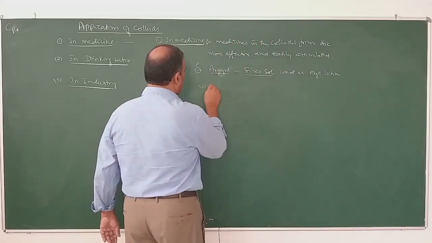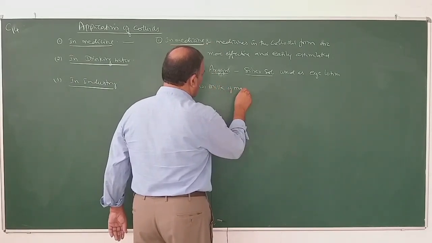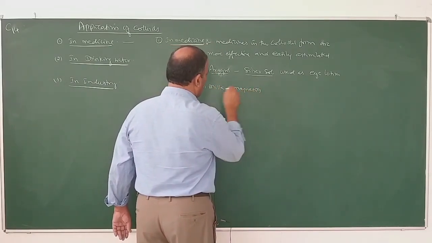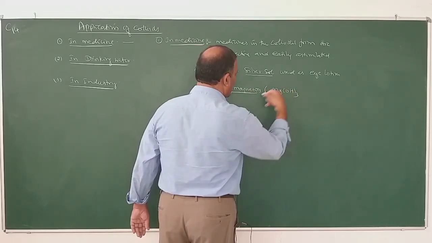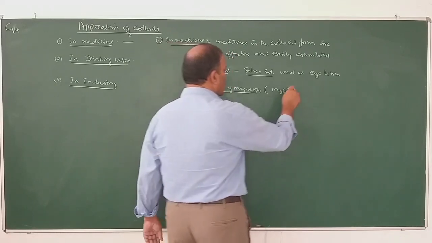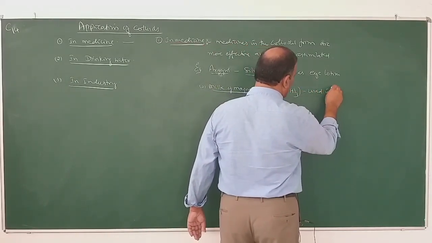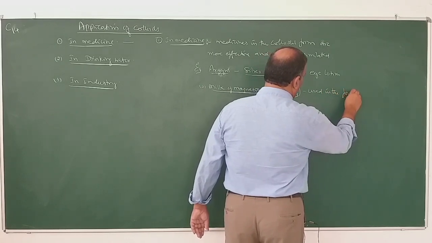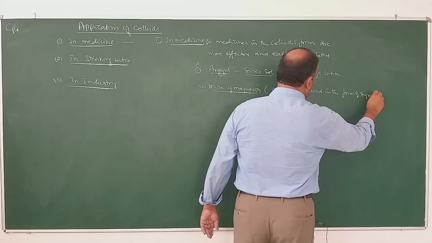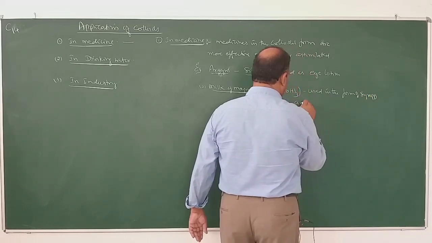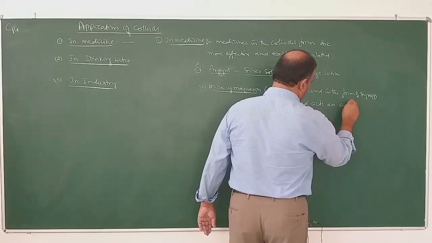Number 2, milk of magnesia. It is nothing but magnesium hydroxide. It is used in the form of syrup, and it acts as antacid.